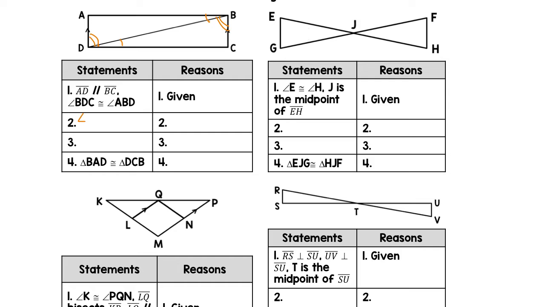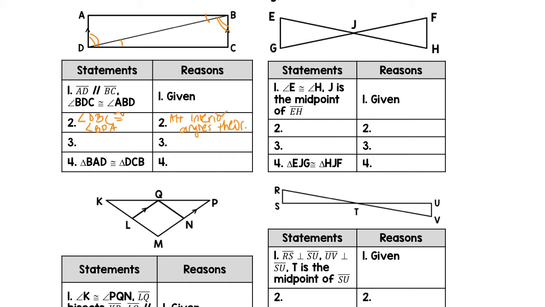Let's write it down here. Angle DBC is congruent to angle BDA, and that's because of the alternate interior angle theorem.